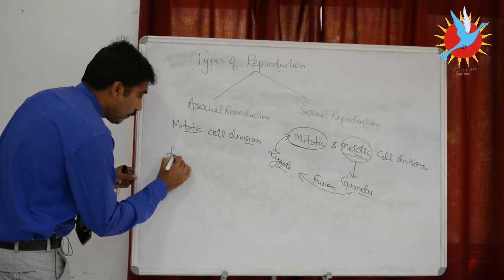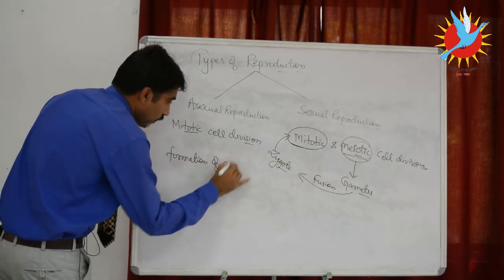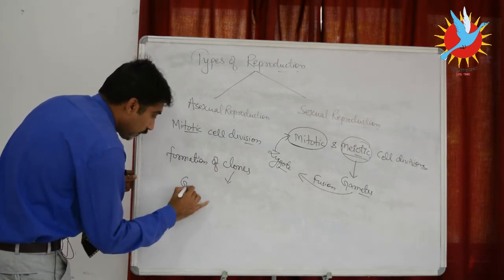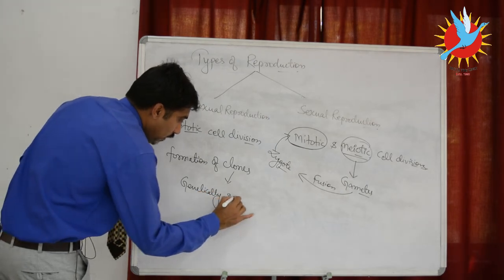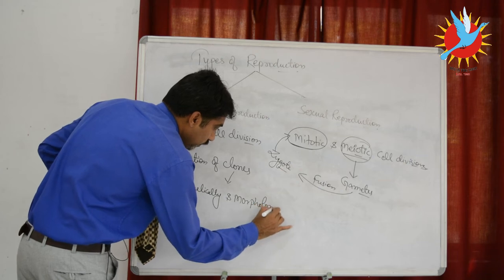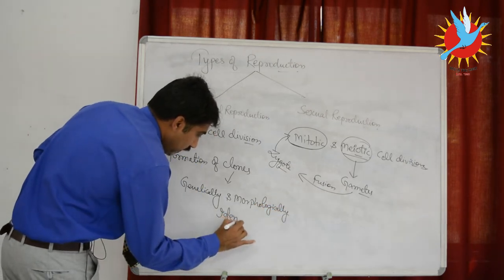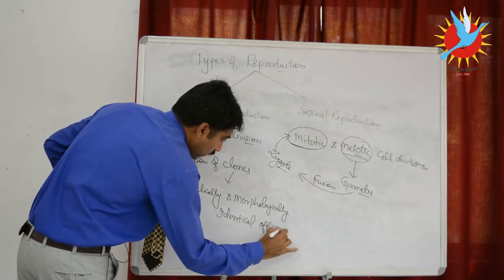So formation of clones. What are clones? Clones are genetically and morphologically identical offspring.